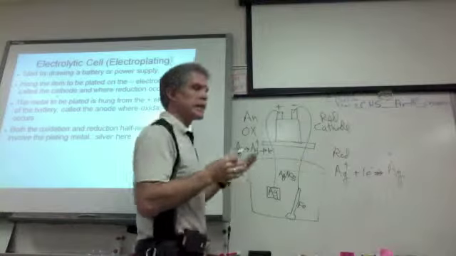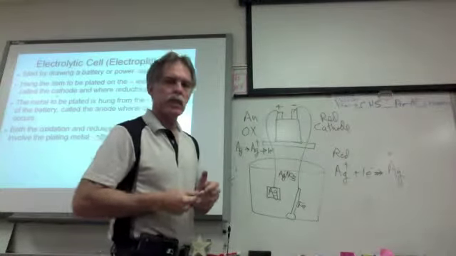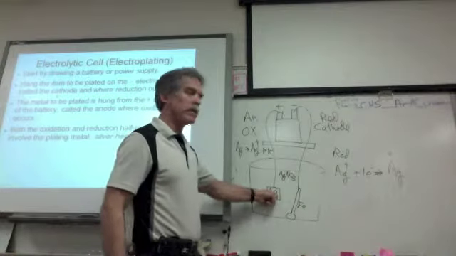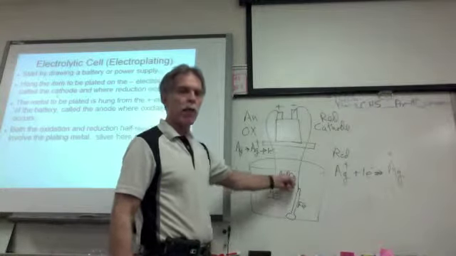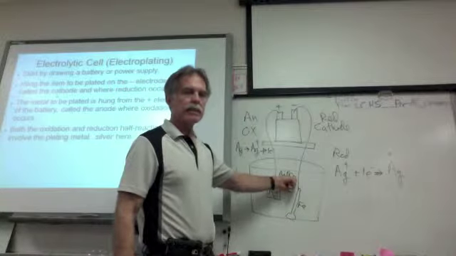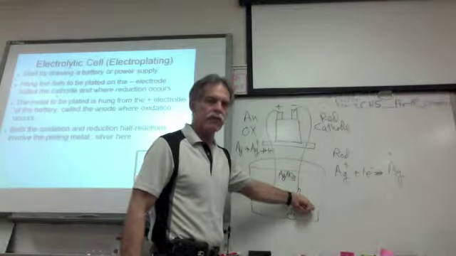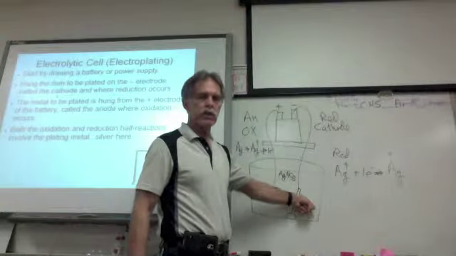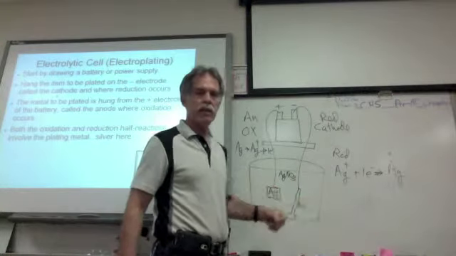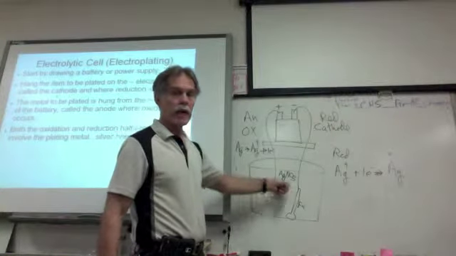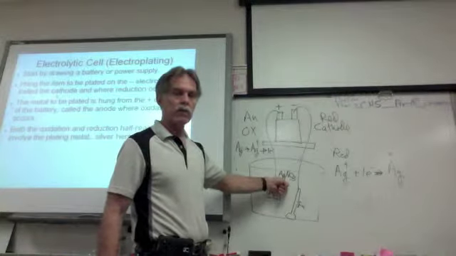So what is it that's really happening in this process now? Because I want you to understand what's happening and what makes it plate. So over here, the silver, we want the silver to jump off into the solution as Ag plus, and then Ag plus be attracted to the negatives over here and turn into silver again. We want the silver to basically jump over on the spoon. How do we make Ag turn into Ag plus, which is part of this solution?